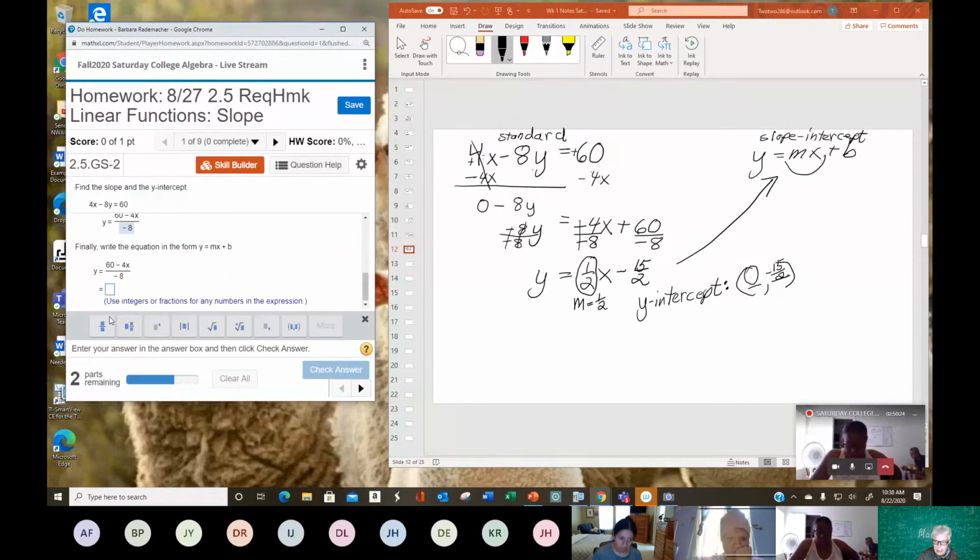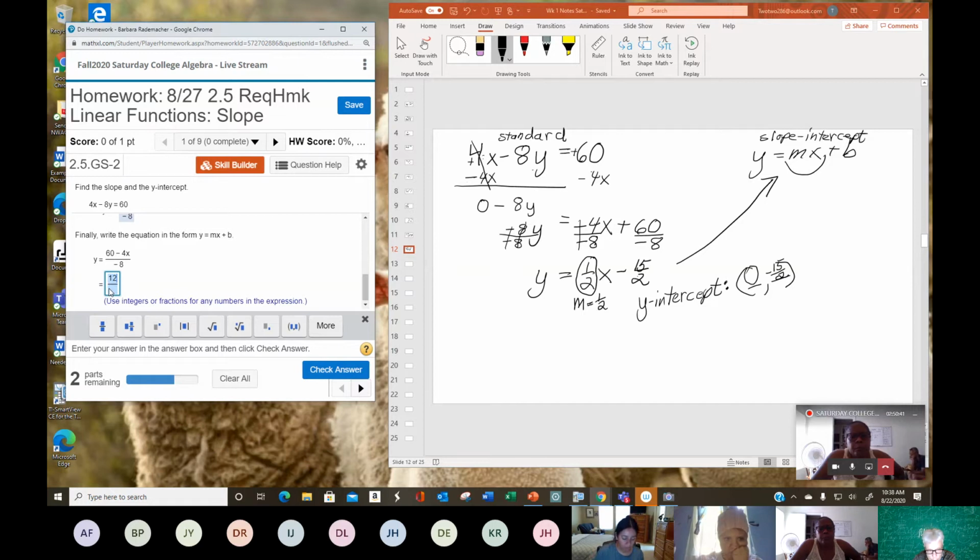All right, if I type our answer, 1/2 x minus 15 over 2, what will happen to me? I don't know. I'm going to take the fraction tool, put a 1 on top, a 2 on the bottom. No, that's not on the bottom. Well, the heck with you.